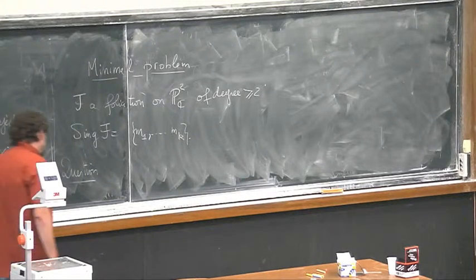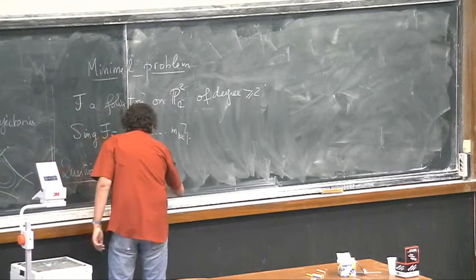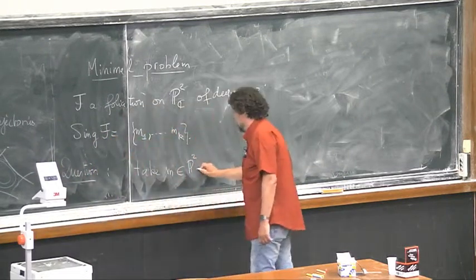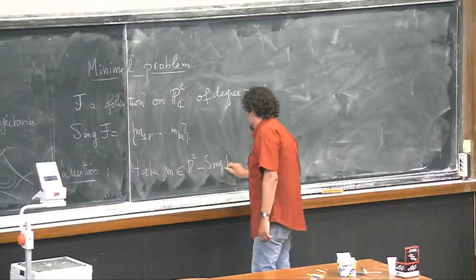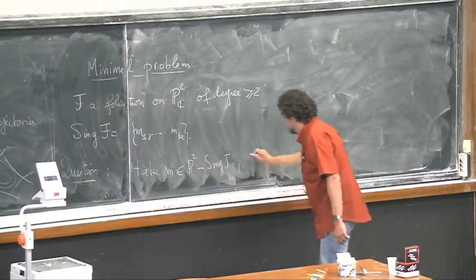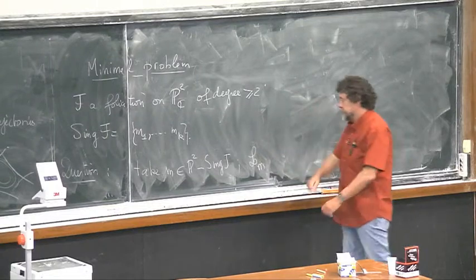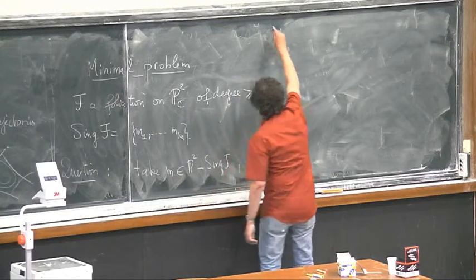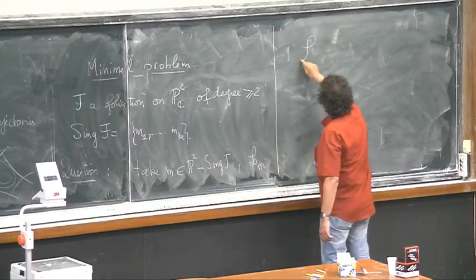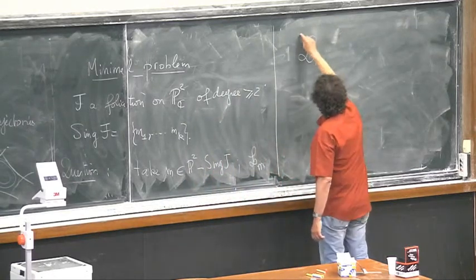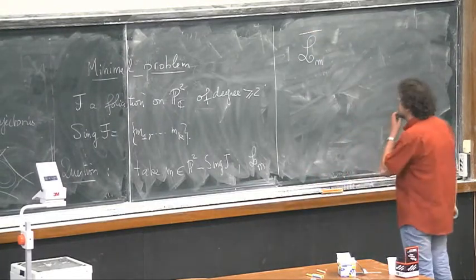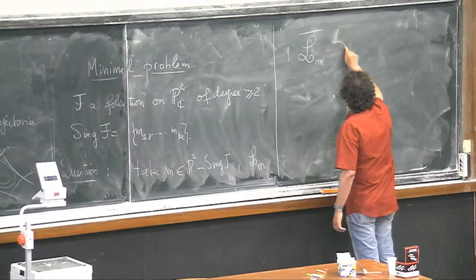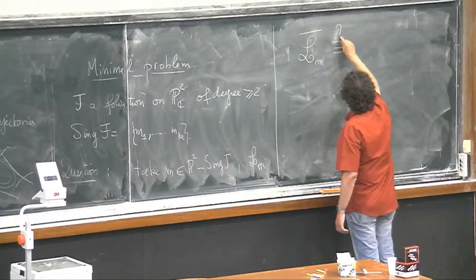Take a regular point and take the leaf passing through this point, and you consider the closure of this leaf, and the question is, does there exist a singular point in this closure?